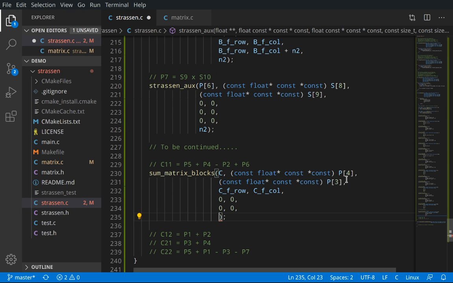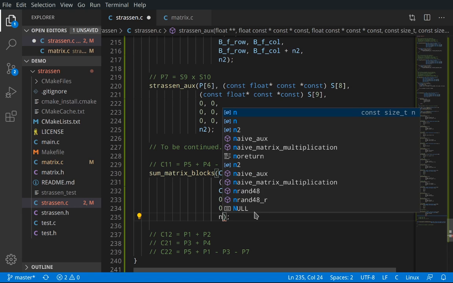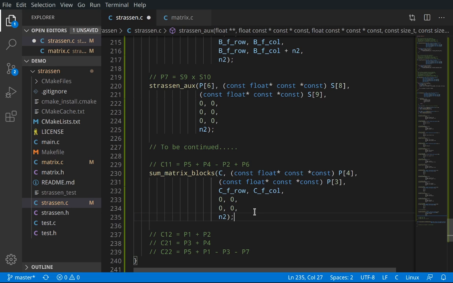So these matrices are actually not really blocks, but to have a uniform treatment with respect to this function of all the parameters, of course we need to insert something here, and so we want to say that we are interested in dealing with the whole matrix. So the first row and first column we are dealing with in P4 and P3 are 0 and 0, of course, and the size of the matrix we want to deal with is N2, which I recall is basically N divided by 2. Okay.